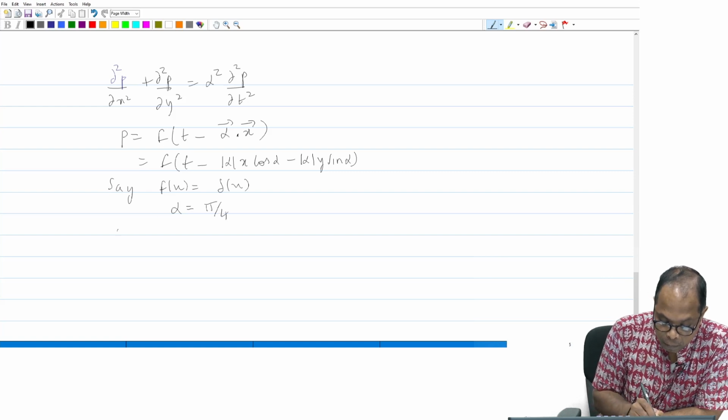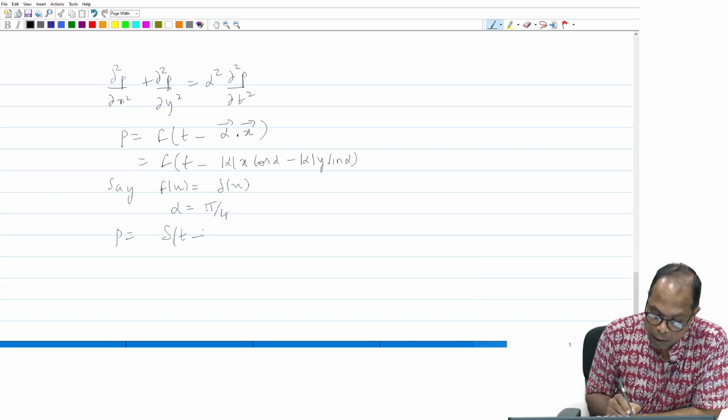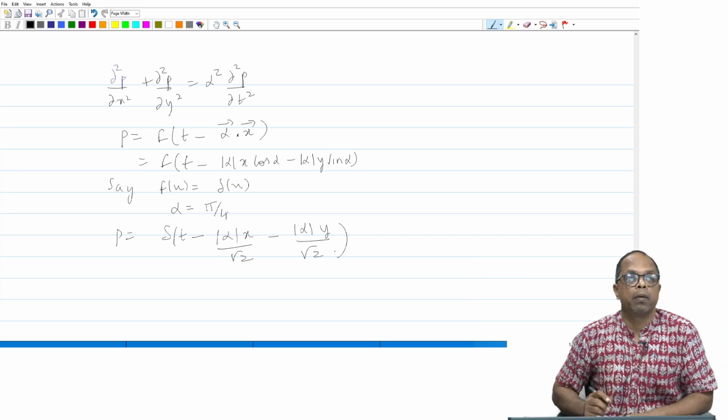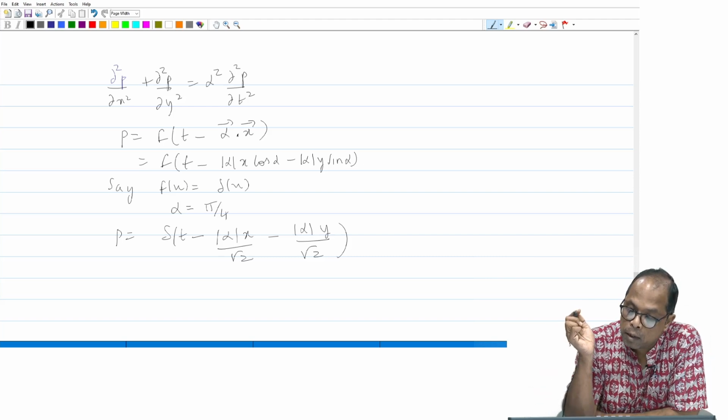So you have p equals delta of t minus alpha vector x divided by square root 2 minus alpha vector y divided by square root 2. All right. So what is this one going to look like?